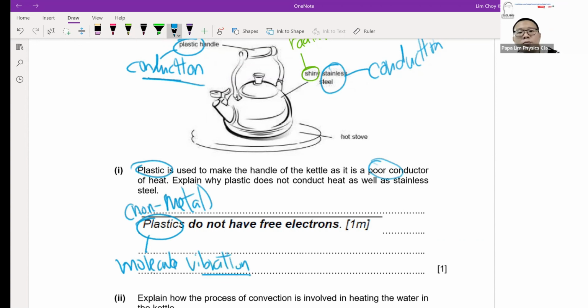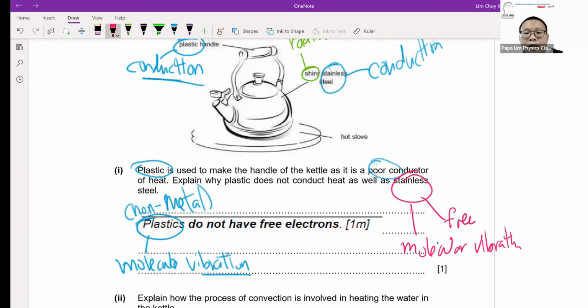If you compare to your stainless steel, which is metal, you will find that there are actually two modes of conduction. We have your molecular vibration, and after that, inside stainless steel, because it's a metal, you also have what we know as free electron diffusion.